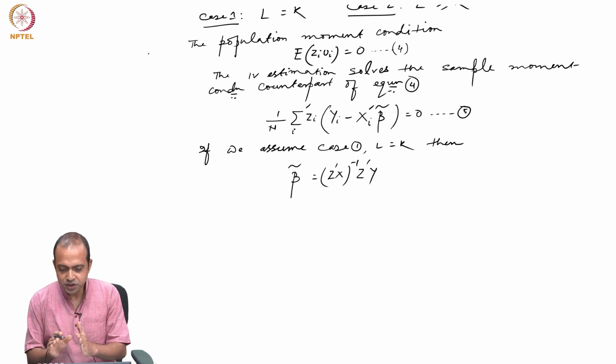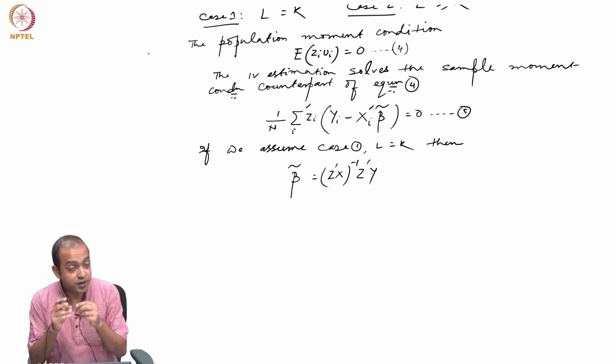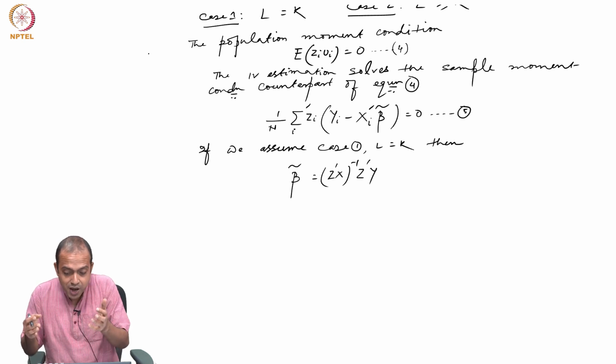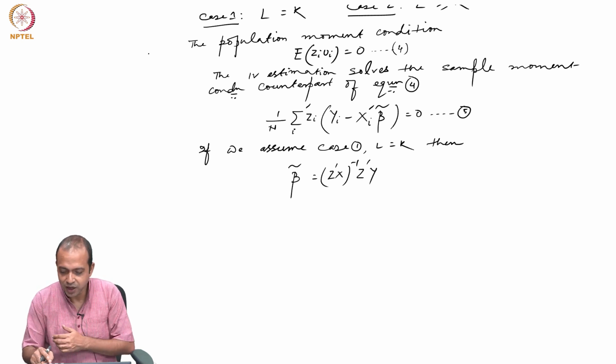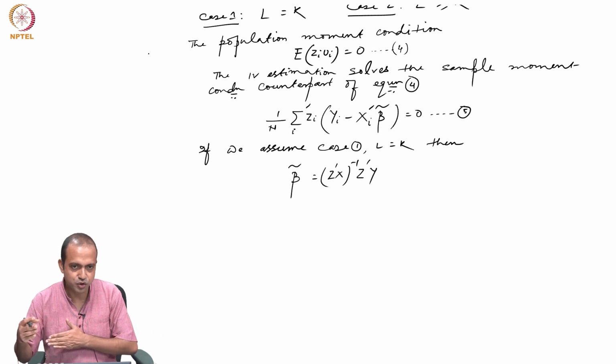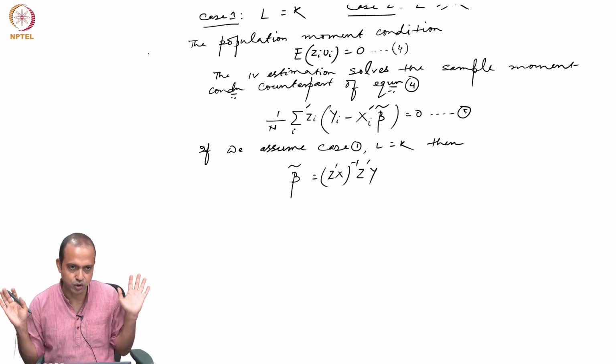So this is fine. That means as long as my number of instruments equals the number of parameters to be estimated from the model, I am fine. My IV estimation also looks like the OLS estimate we derived earlier. In place of X prime X inverse X prime Y, this is like Z prime X inverse Z prime Y. So Z is basically the set of instruments. So we have substituted X with Z, that's all.